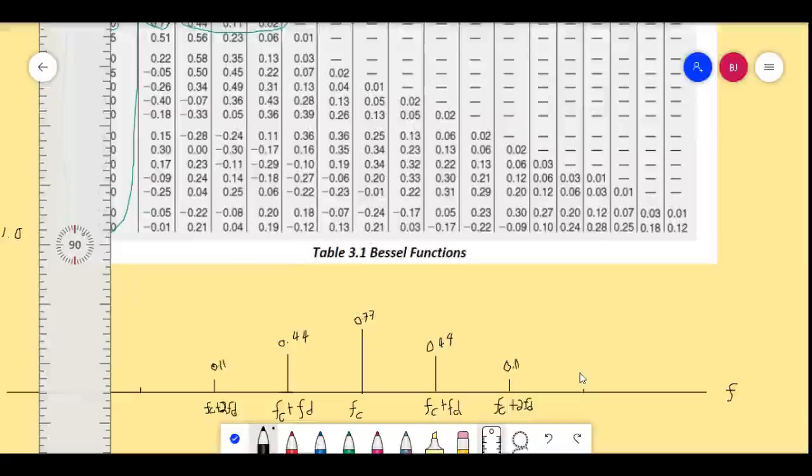And of course, as always, let's put in the label 0.02, 0.02 in here as well. And this would be around FC, or carrier frequency, plus 3 times the frequency deviation.